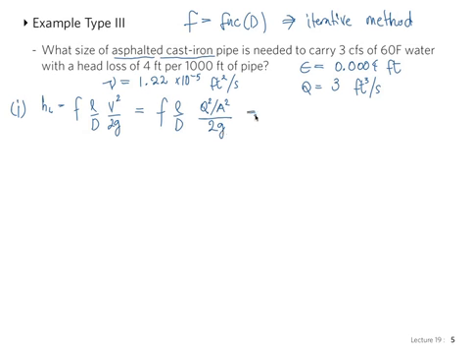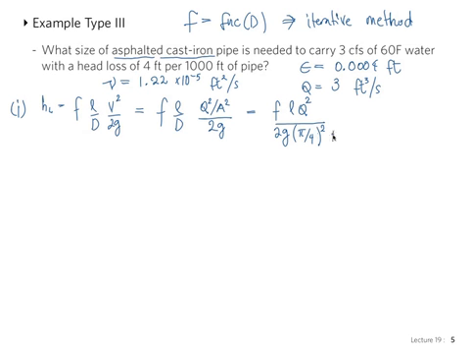And we can now put in the area, so friction factor, L, Q squared divided by 2g, and the area is pi over 4 squared, and we have diameter squared, right?